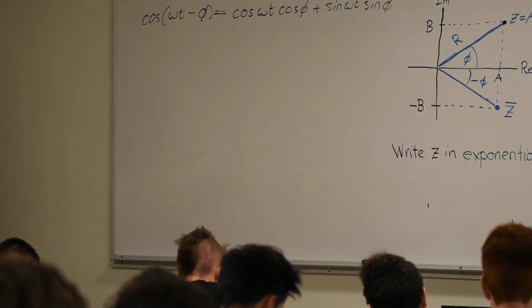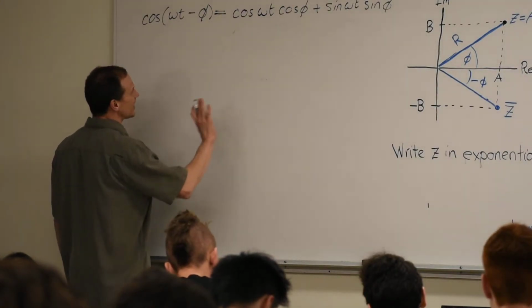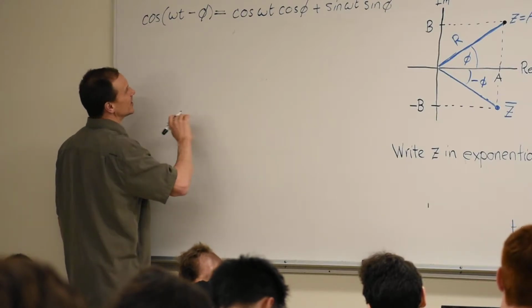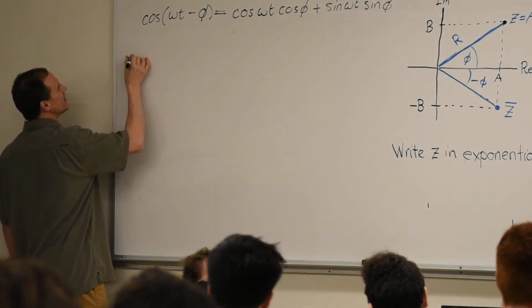Okay? And then we said, well, wait a minute. This has got to equal, somehow all of that has to equal this Q of t. So let's write this out and compare.